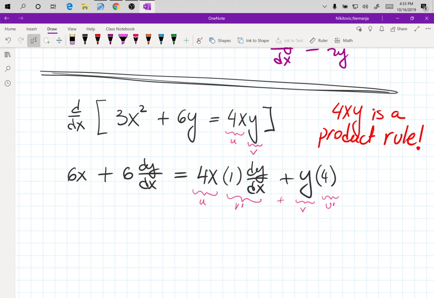Divide by 2 because we can. dy/dx is equal to (2y minus 3x) over (3 minus 2x). Cool, huh?